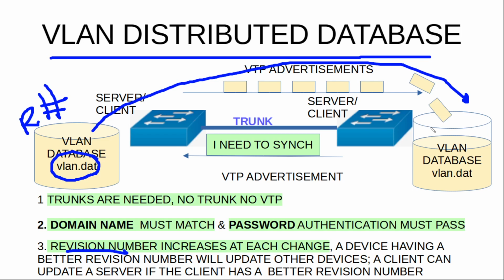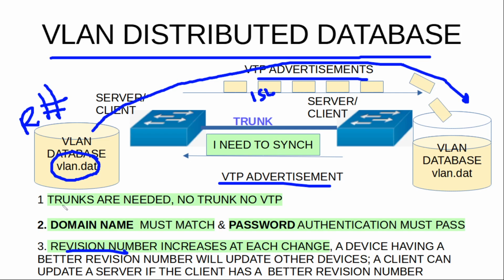This distribution and synchronization happens through VTP advertisements. VTP advertisements are carried by ISL. So you will need a trunk in order to carry these VTP advertisements.